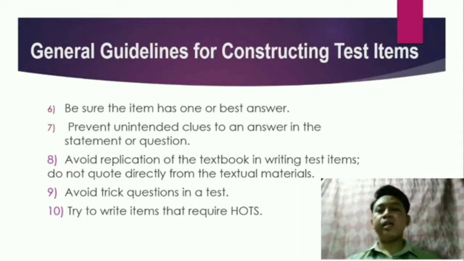Lastly, number 10. Try to write items that require HOTS or higher order thinking skills. We should construct test items with higher order thinking skills. As we all know, higher order thinking skills is a concept of education reform based on learning taxonomies, such as Bloom's taxonomy.